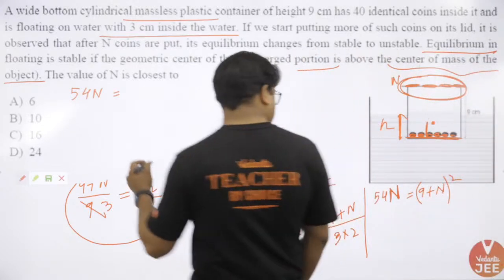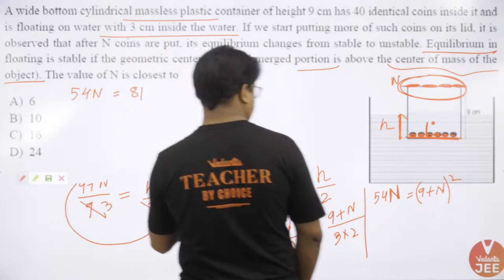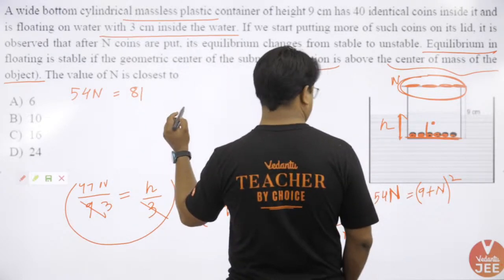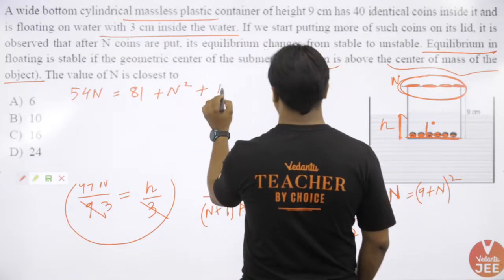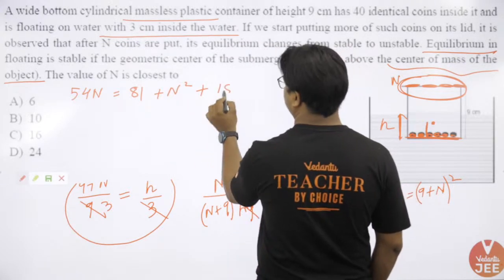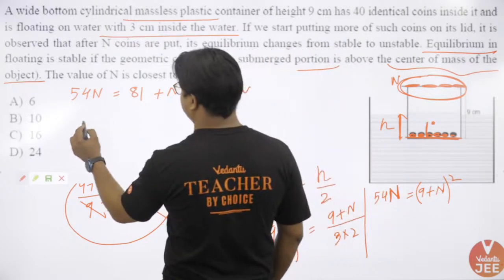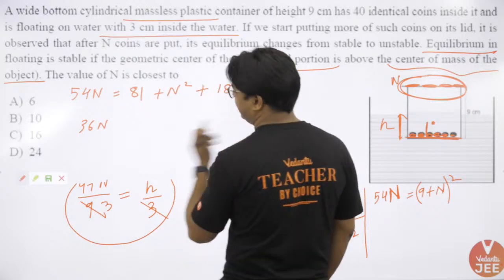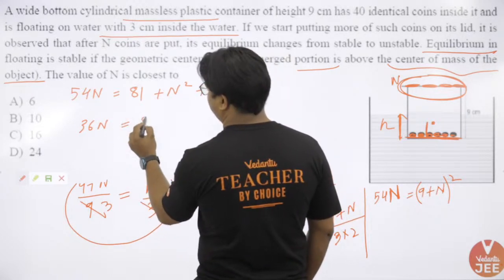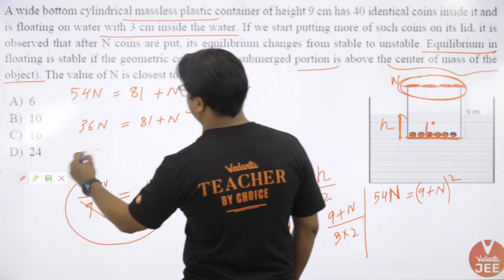Nope. Let's try to figure out the answer. 54n equal to 81 plus n square, and then 18n. So this becomes 36n equal to 81 plus n square.